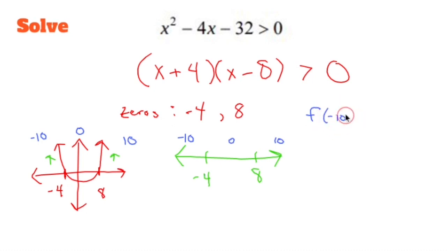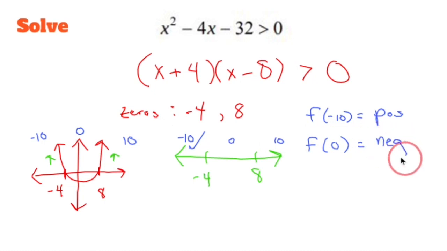If I plug in -10, I'm going to get 100 plus 40 minus 32. Doing a little mental math, but without doing too much, 100 plus 40 minus 32 is definitely going to be positive. So as we can see from the picture that I drew, this gives me exactly what I want. This is positive. I'm happy. If I plug in 0, I get 0 minus 32.